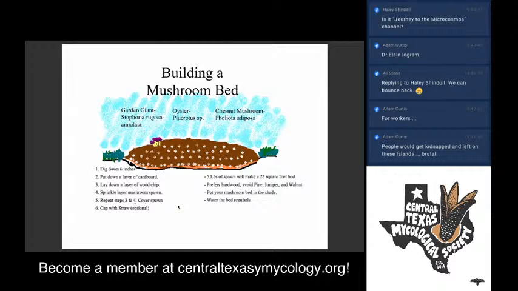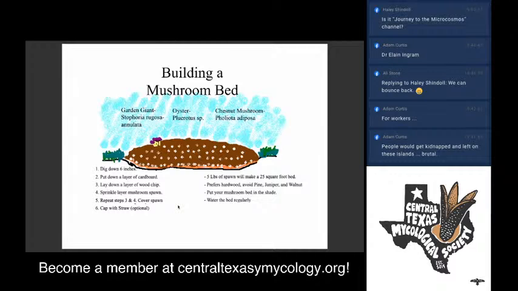You're going to put down a layer of cardboard, and you can wet this if you want to. Actually, I would recommend wetting this. This layer of cardboard acts as a little barrier between anything existing in the soil that might jump up into your little area that you're trying to give your mycelium a head start on.